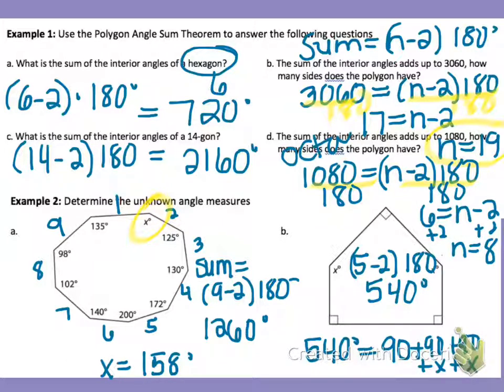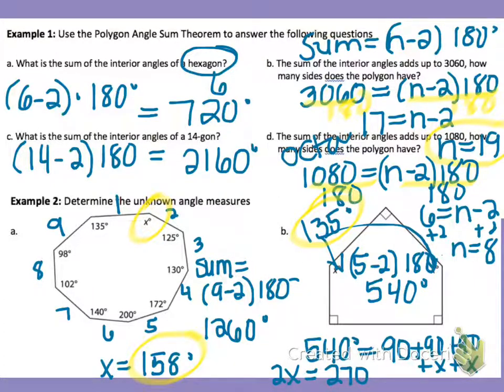So after subtracting the 90s, we have 2x left, and that equals 270. Dividing by 2 tells us that each of these angles, that angle right here and this one over here, they're the same. They must be 135 degrees. So our missing angles are each 135 degrees.